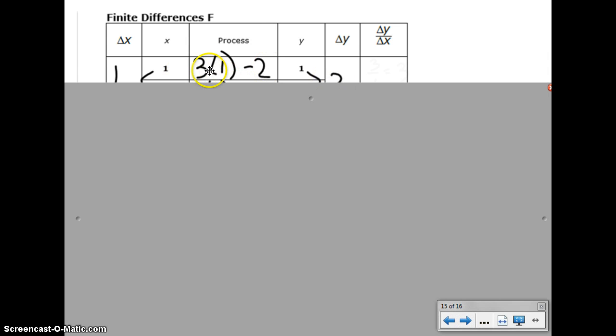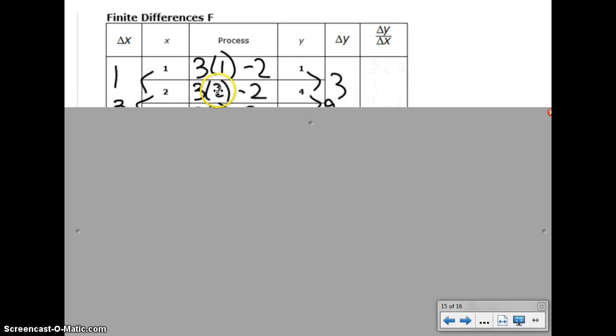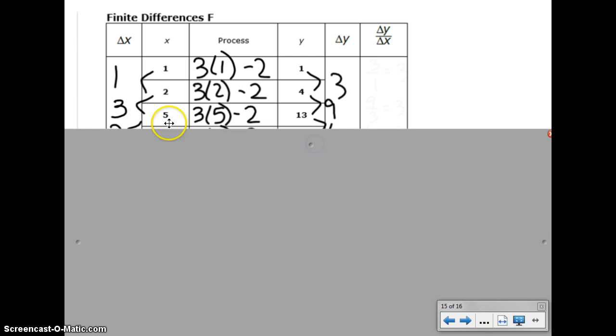We take 3 times 1, which is 3, and we need to subtract 2 to get to 1. 3 times 2 is 6, minus 2 is 4. 3 times 5. Please note that the third row has a 5 for the x and not a 3, so make sure you're using the right values.